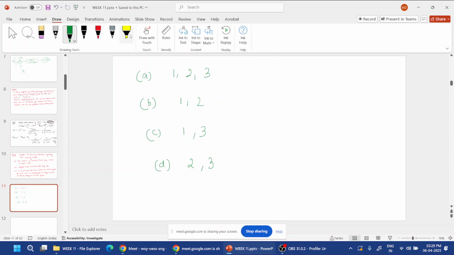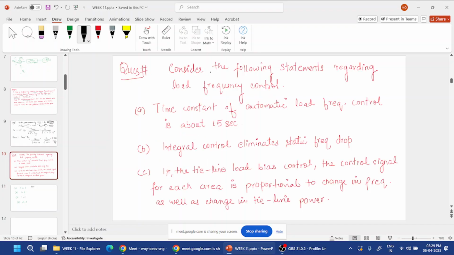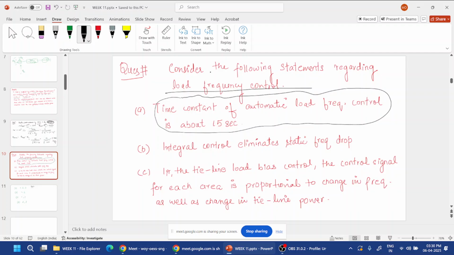So basically, this is the solution. What is given in the question is: consider the following statements regarding load frequency control. First, the time constant of automatic load frequency control is about 15 seconds. Second, integral control eliminates the static frequency drop.